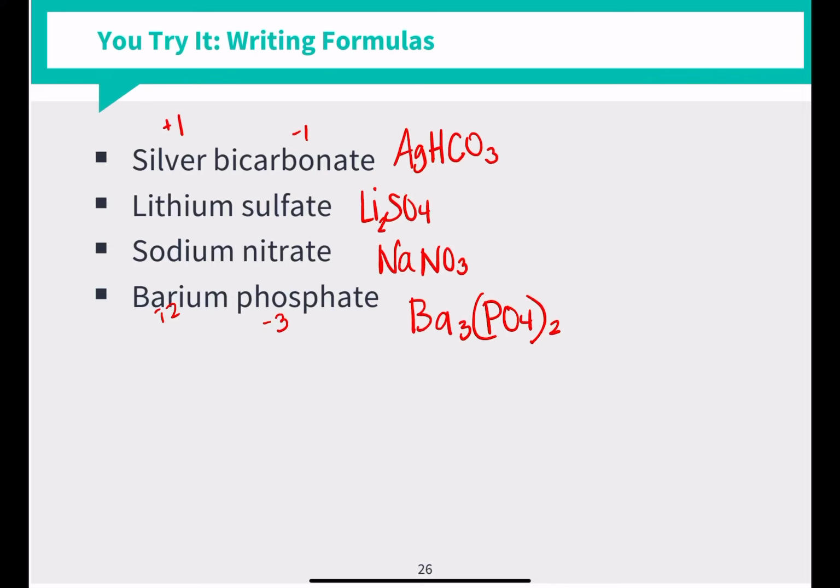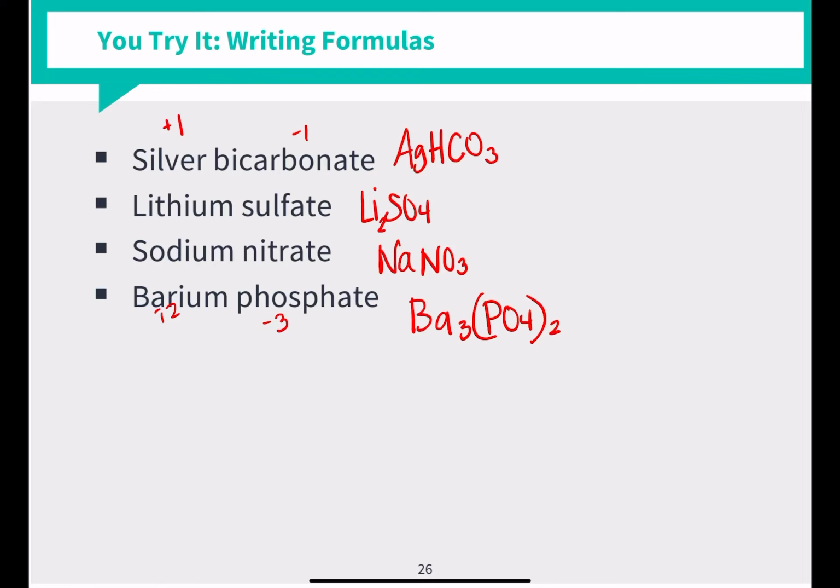Okay, so this is how these should be written. Silver and bicarbonate are +1 and -1 charges, so you don't have to have any subscripts on there. So it's just going to be Ag and then HCO3. Lithium has a +1 charge. Sulfate has a -2 charge. So you have to have 2 lithiums to balance that sulfate.